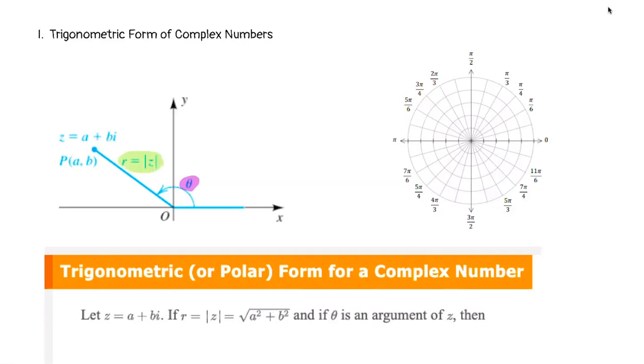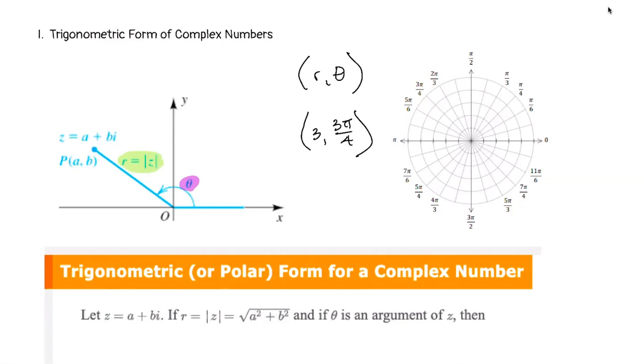So for example, if I gave you the point, and it'll be in the form r, comma, theta, okay? Let's say that I gave you 3, 3 pi over 4. If I wanted to graph this point, here's what I would do.